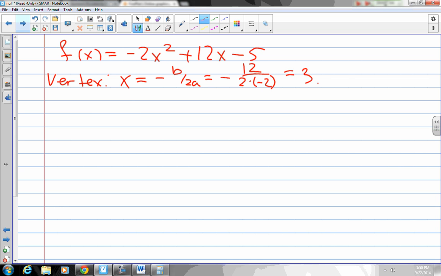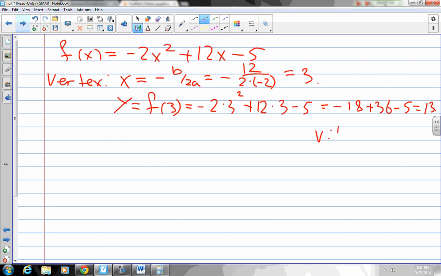The y coordinate, well, that's just f of 3. So that's negative 2 times 3 squared plus 12 times 3 minus 5. I'm pretty sure it's going to equal 13, because that's what we got before, but this is negative 18 plus 36 minus 5. Yes, that's 13. So the vertex is 3, 13.